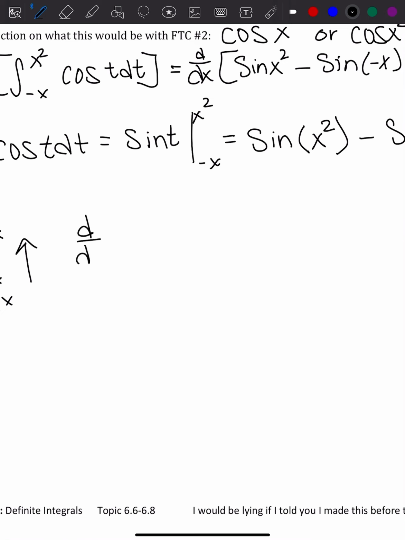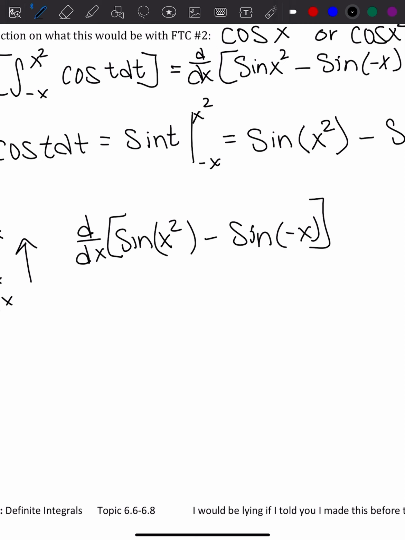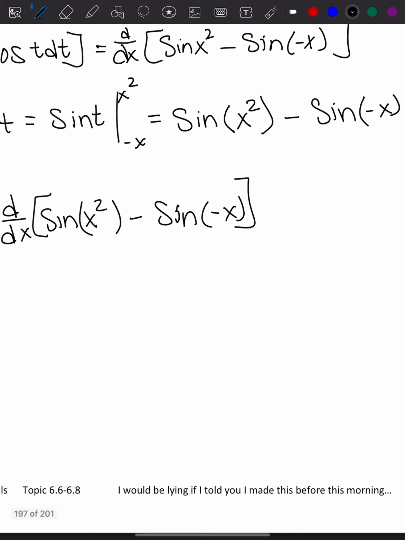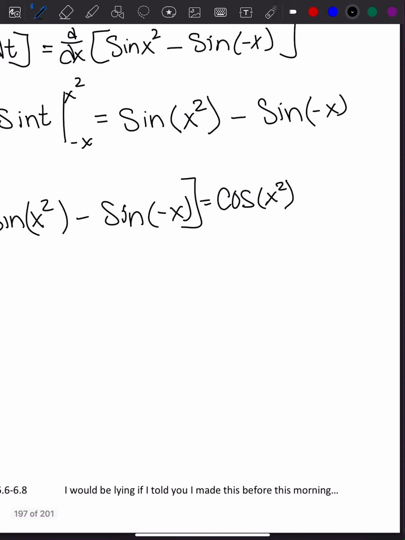So we want the derivative of sine x squared minus sine of negative x. Well, both of these are going to involve chain rule. So the derivative of the outside function, which is sine, is cosine. We keep the inside the same, and then we multiply by the derivative of the inside. Well, the derivative of x squared is 2x.